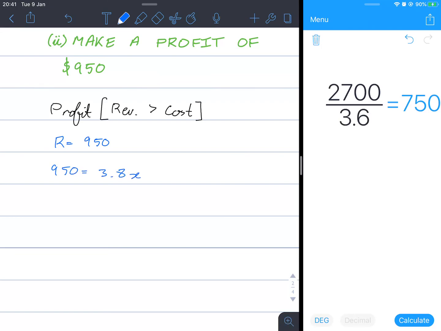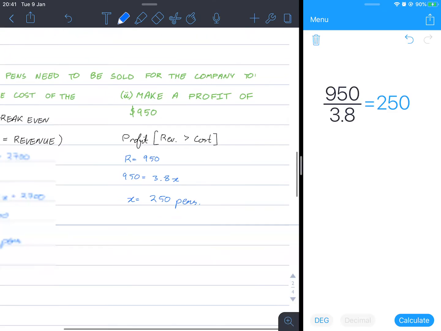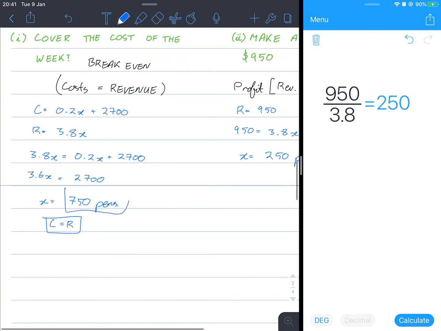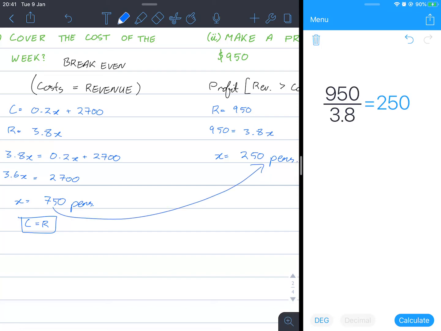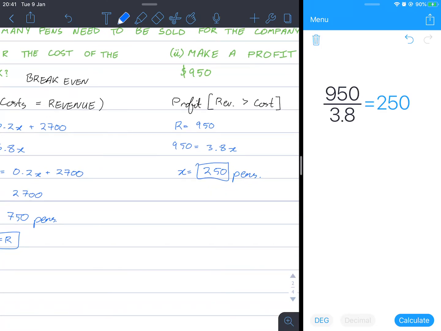This is my revenue. We get 950 divided by 380. This is 250 pens to make a revenue of 950. However, because my break even is at 750 pens, I need to add this amount onto my calculated amount here, because 250 pens only gives me $950.